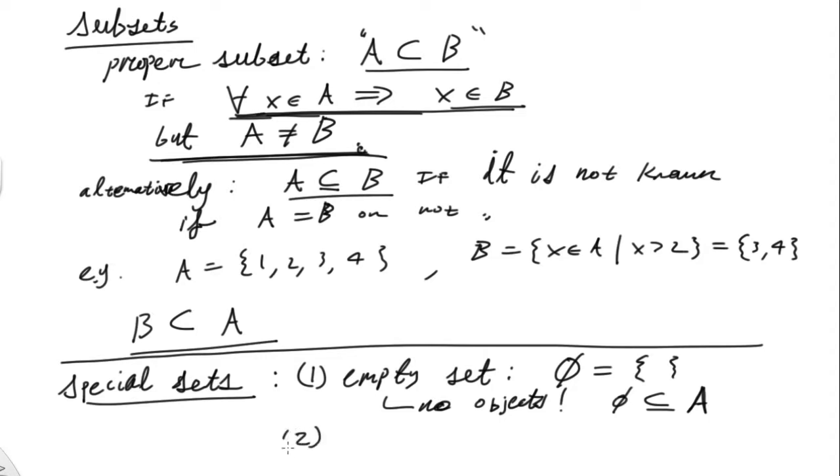And then finally, there's this other thing which we're going to call the universal set. So what is the universal set? Sometimes this exists and sometimes it doesn't, and it really depends on context.